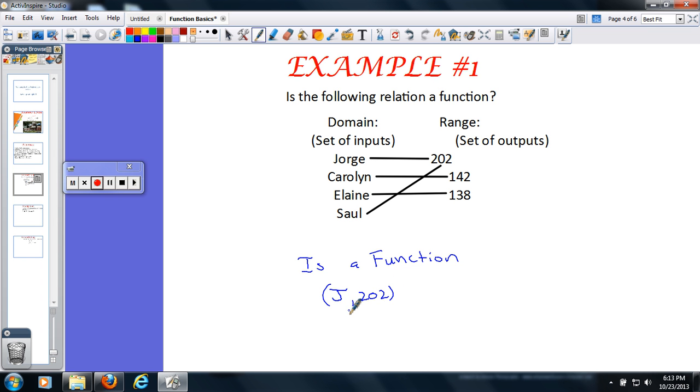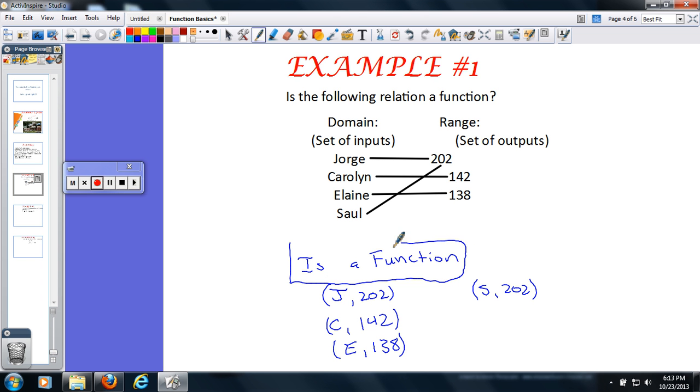The second pairing would be C and 142. The third one would be E and 138. And the last one would be S and 202. So, do any of the x's repeat? They do not, which means it is a function. Remember, the y's can repeat. That is not important. The x's cannot.